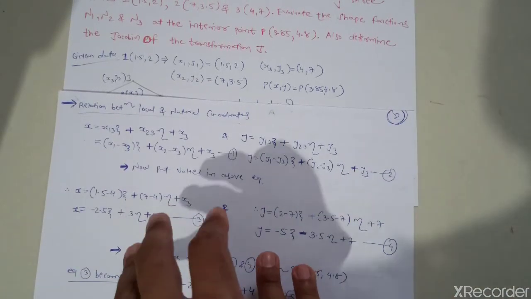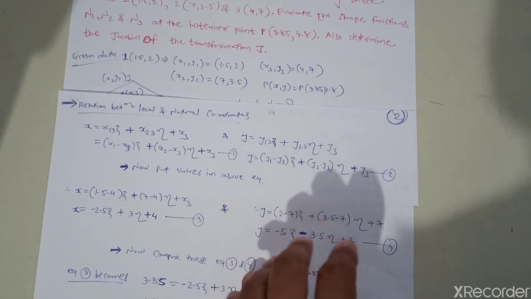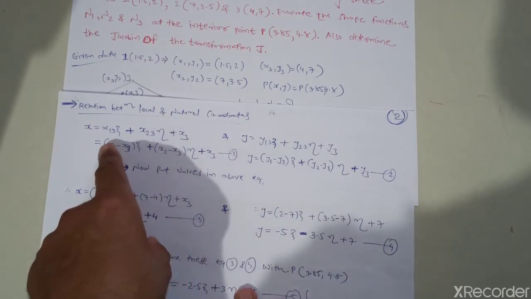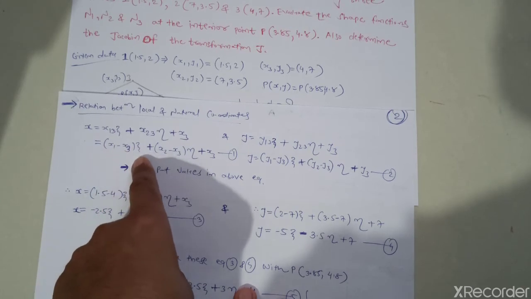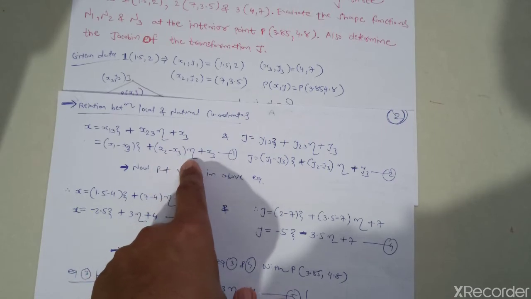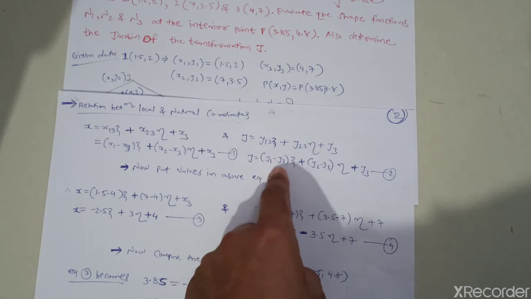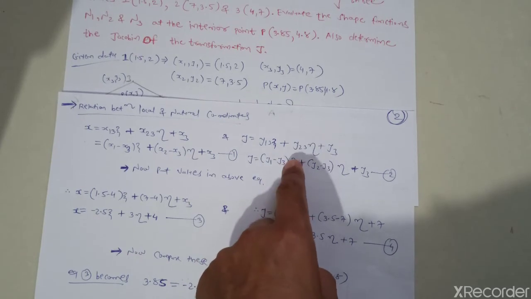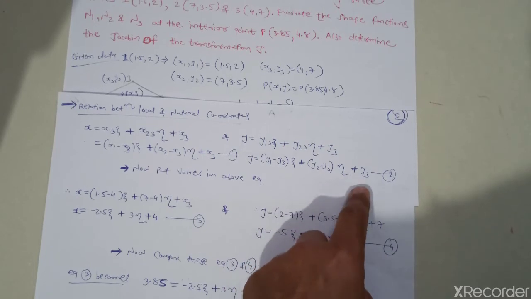First of all, we write the relation between local and natural coordinates. This equation is x is equal to (x1 minus x3) zeta plus (x2 minus x3) eta plus x3, and y is equal to (y1 minus y3) zeta plus (y2 minus y3) eta plus y3.